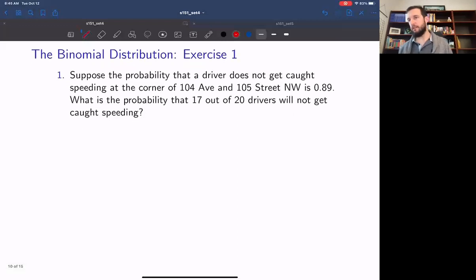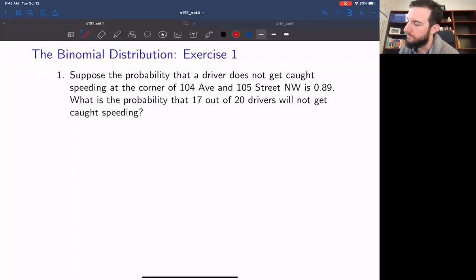Okay, so let's look at another example now. I have quite a few examples for the binomial. Suppose that the probability that a driver gets caught speeding at the corner of 104 Ave and 105 Street is 0.89. What is the probability that 17 out of 20 drivers will not get caught speeding?